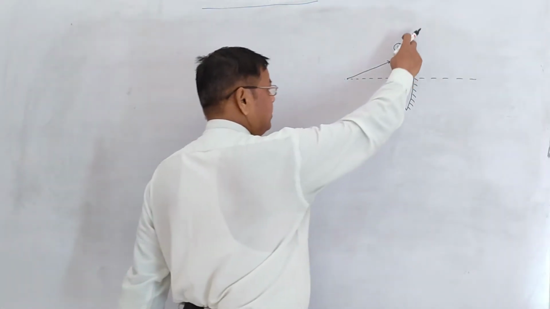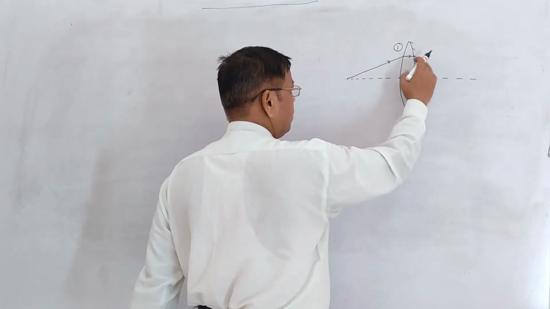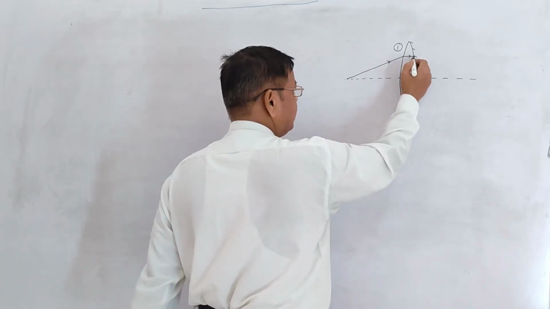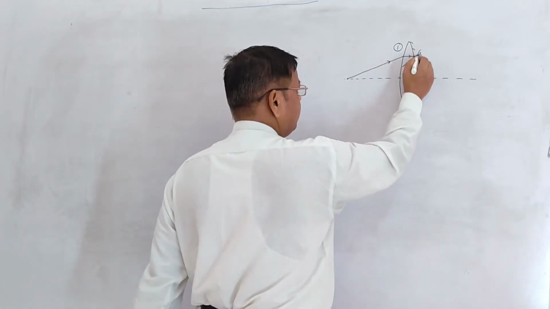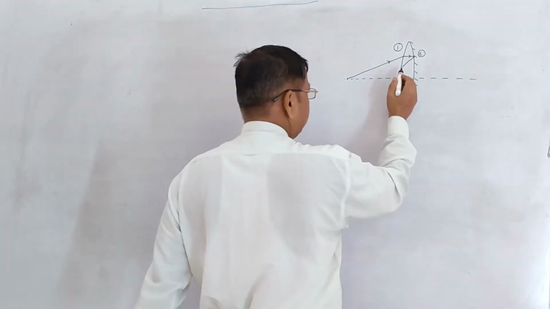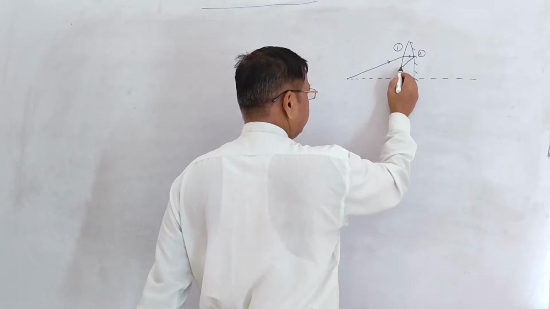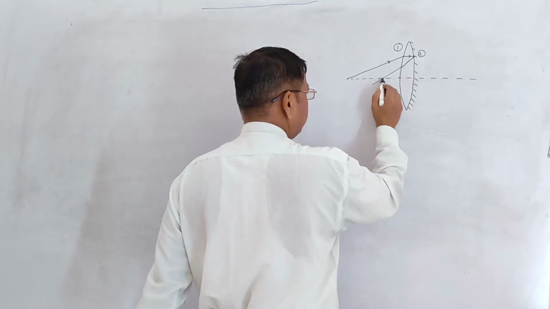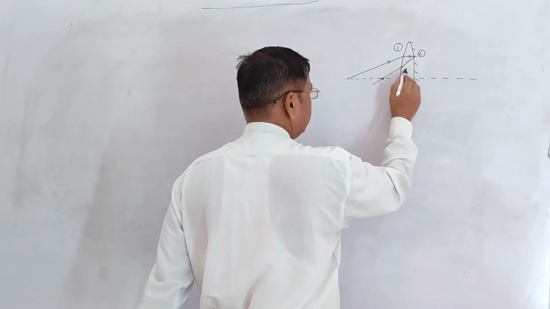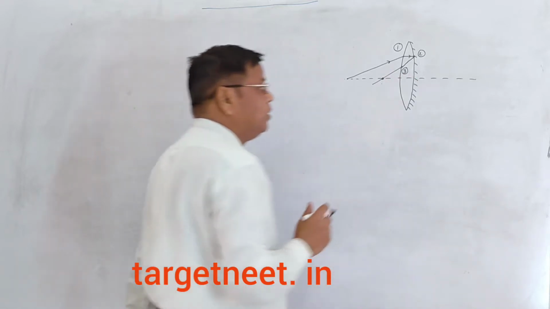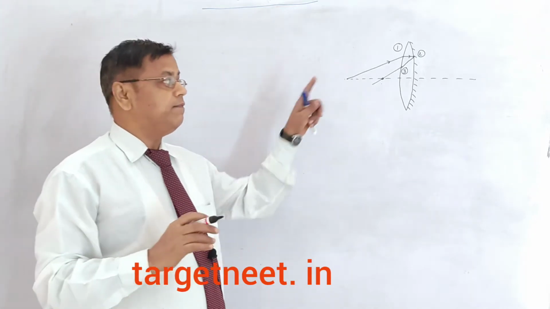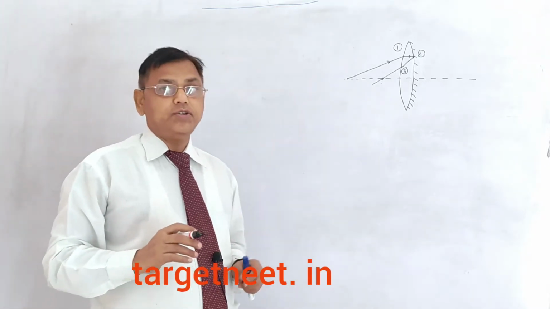Then when light falls on the second surface, it cannot go out of the lens because this surface is silvered, so it is reflected. Here it behaves like a mirror, and when this reflected ray again passes through the lens, refraction occurs. Finally the image is formed here. So three phenomena happen: refraction, reflection, and again refraction.